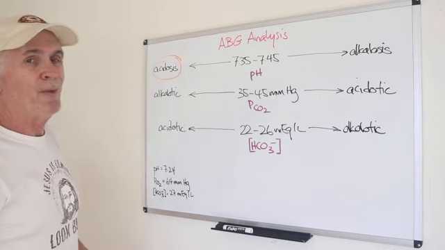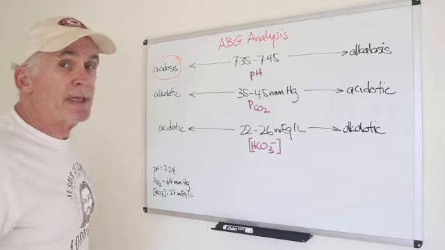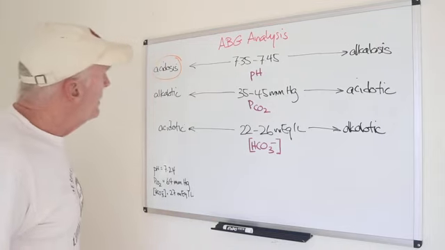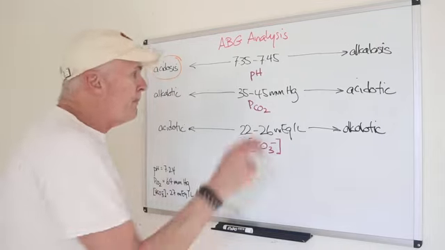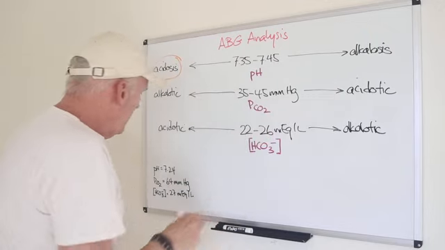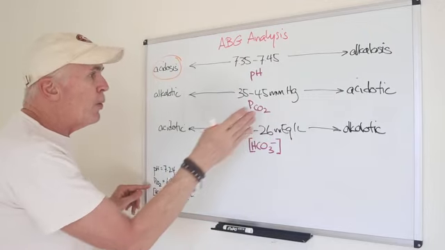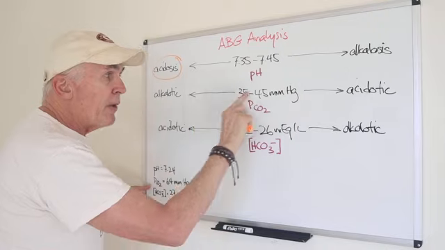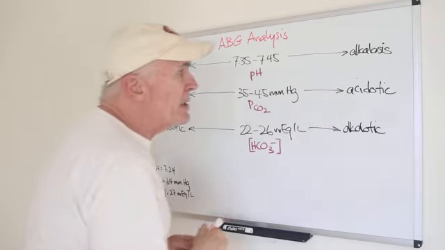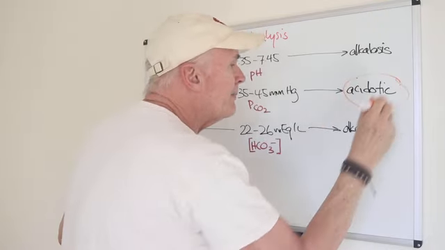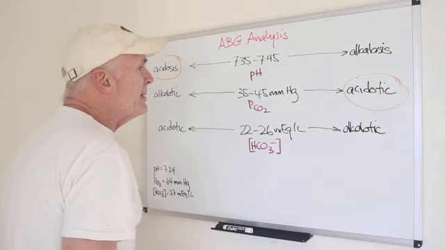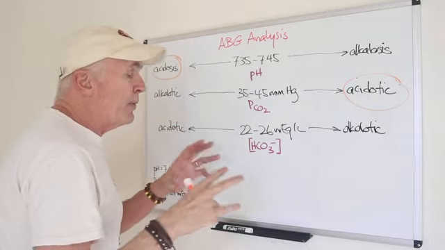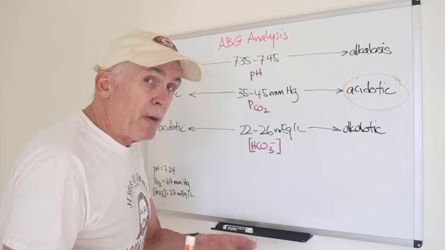See, look, we're already a third of the way done. We just got started, and we're a third of the way done. Now, partial pressure of CO2. Theirs is 64. So where does that fall? That falls up here, doesn't it? So we say that they are acidotic. Acidotic means that these values don't tell us whether the person is in acidosis or in alkalosis.